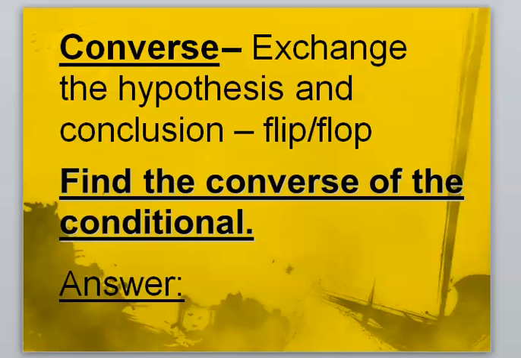Then we're going to form what's called a converse. To form the converse, you always leave the if and then where they are. The converse exchanges the hypothesis and the conclusion. It flip-flops them. So if we're finding the converse of if it is raining, then the grass is wet, we're going to write if, and we're going to put the conclusion up front.